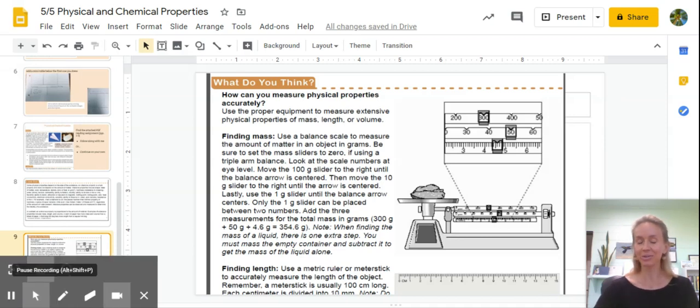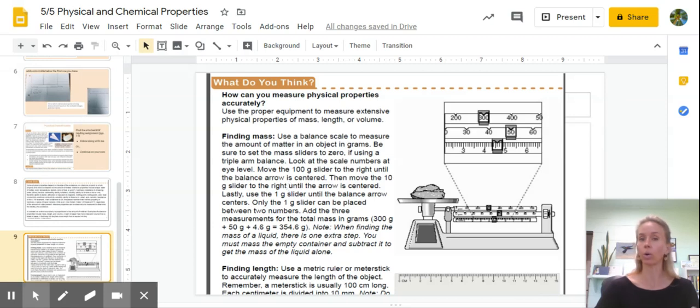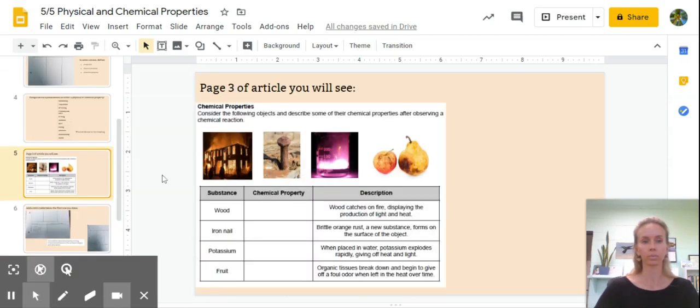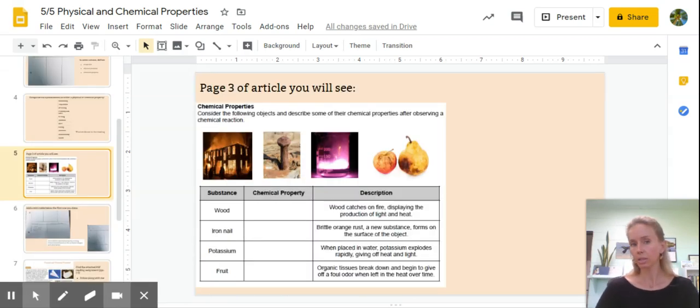By all means, if you would like a little review of how to find mass on a triple beam balance, or how to use a metric ruler, or using a graduated cylinder, please do read through that. Otherwise, we'll continue on.